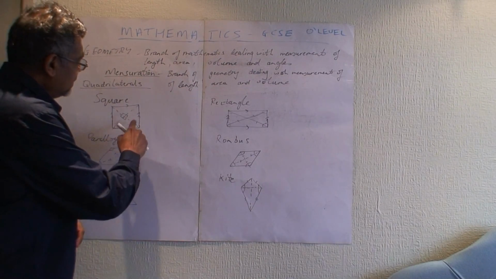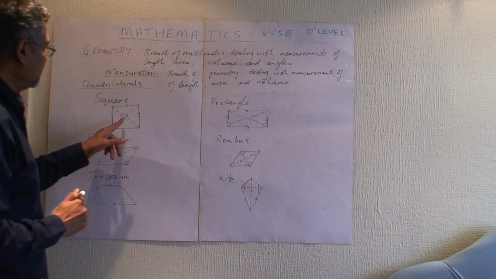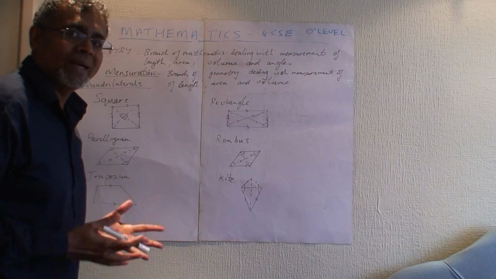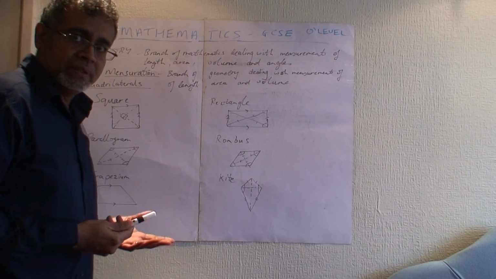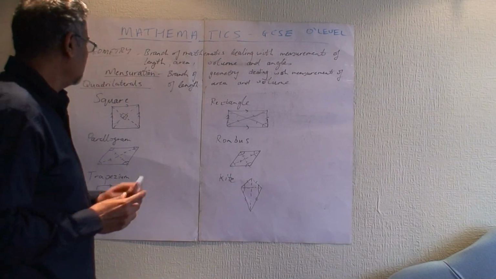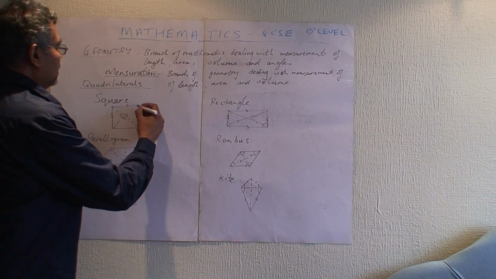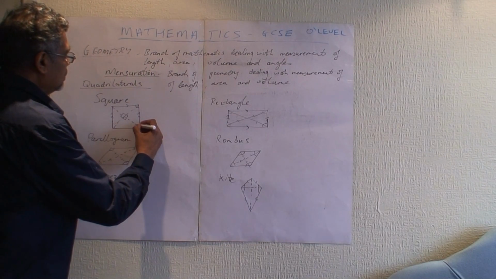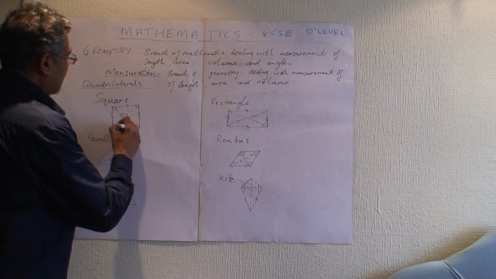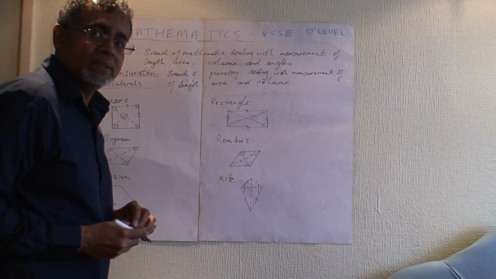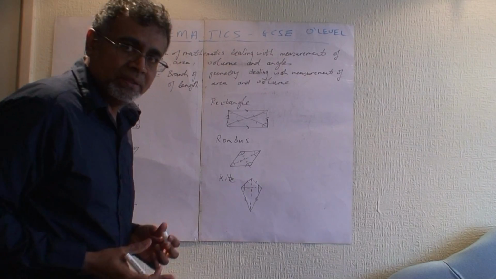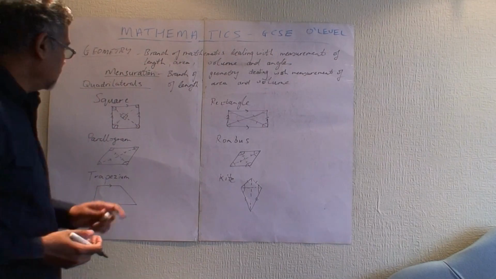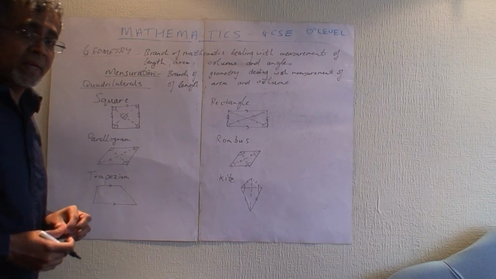If you draw intersecting lines in the middle, they intersect at right angles. Right angles are 90 degrees, which we will cover in angles. The angles at the corners are also right angles, so that's the square.